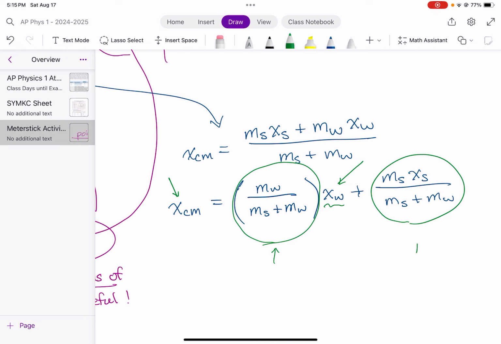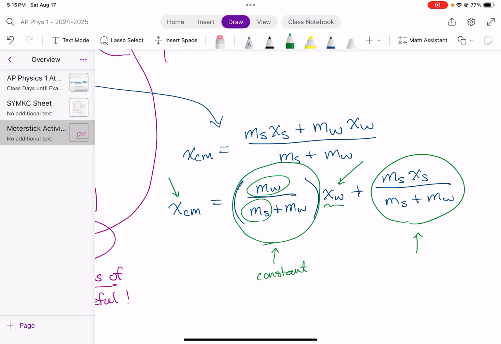So what's happening with these two quantities? Is the mass of the weight changing? No. Is the mass of the stick changing? Well, we don't know what it is, but it's not changing. So this whole thing is constant.